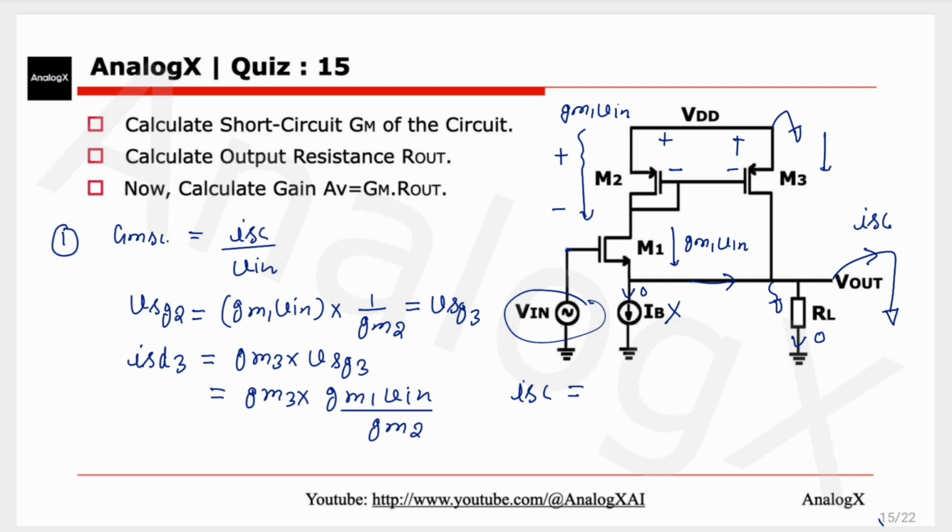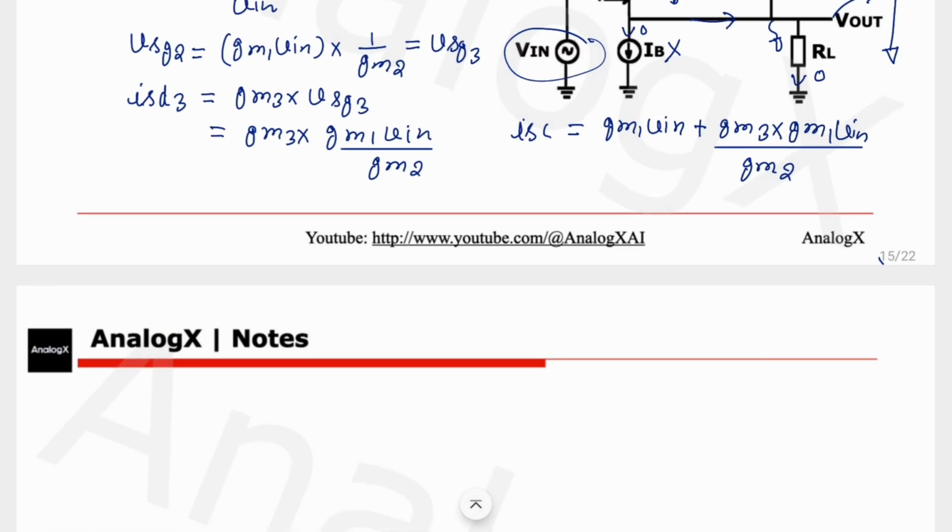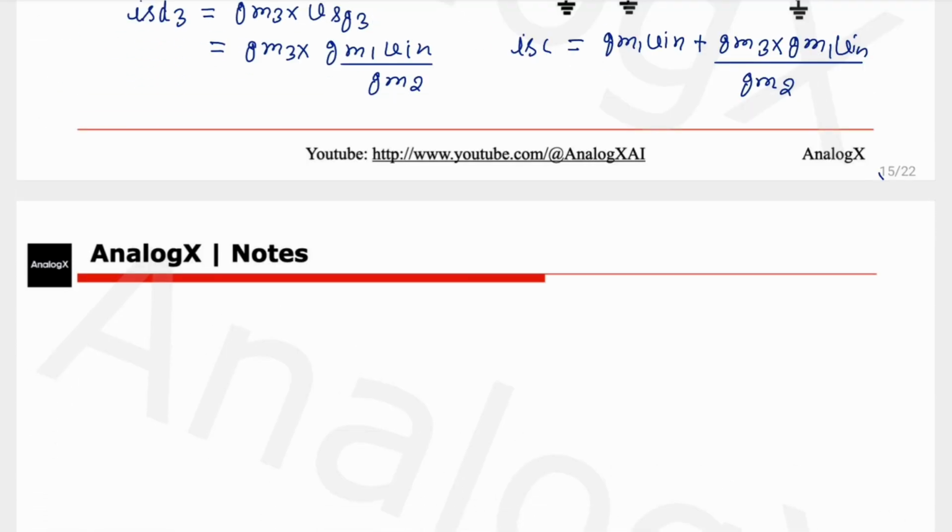So ISC will be GM1 V in plus this current ISD3. So that will be GM3 into GM1 into V in divided by GM2. Now I will take GM1 common.